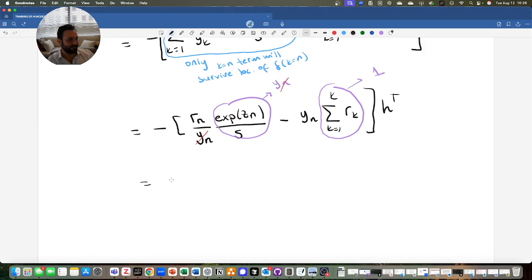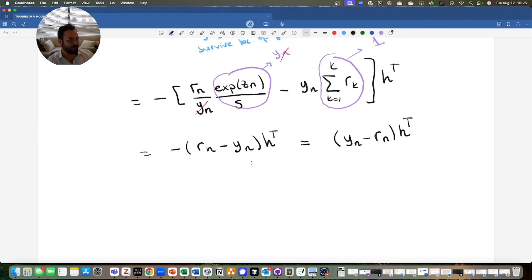So I will eventually have negative Rn over Yn H transpose, which is nothing but Yn minus Rn H transpose. So that's for my weight matrix, and that's my Wn.